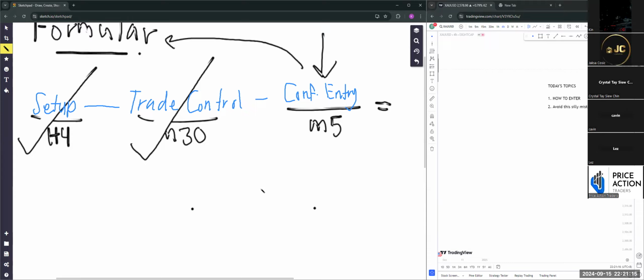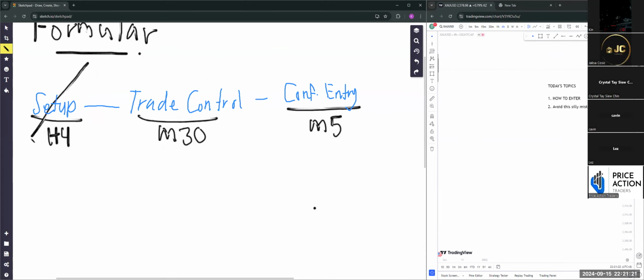In another scenario, you don't have a setup. You can't see where the price is coming from or where the price is going. You only find that you have trade control, which is a 30-minute EG or EF, and you have a confirmation entry.